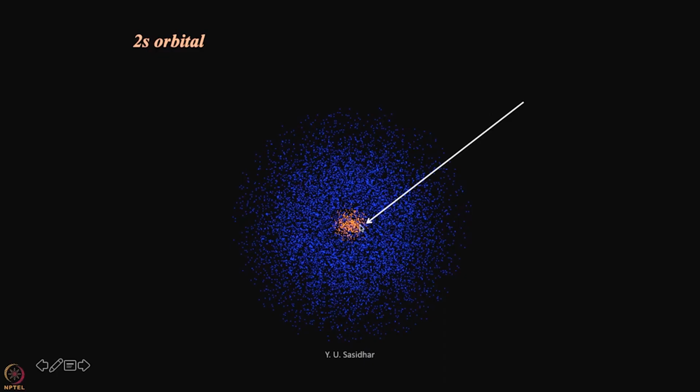And inside you use dots of different color to designate the sign is different, sign of the wave function. Probability or probability density is always positive. So, sign of the wave function can also be conveniently shown in figures like this using colored dots.